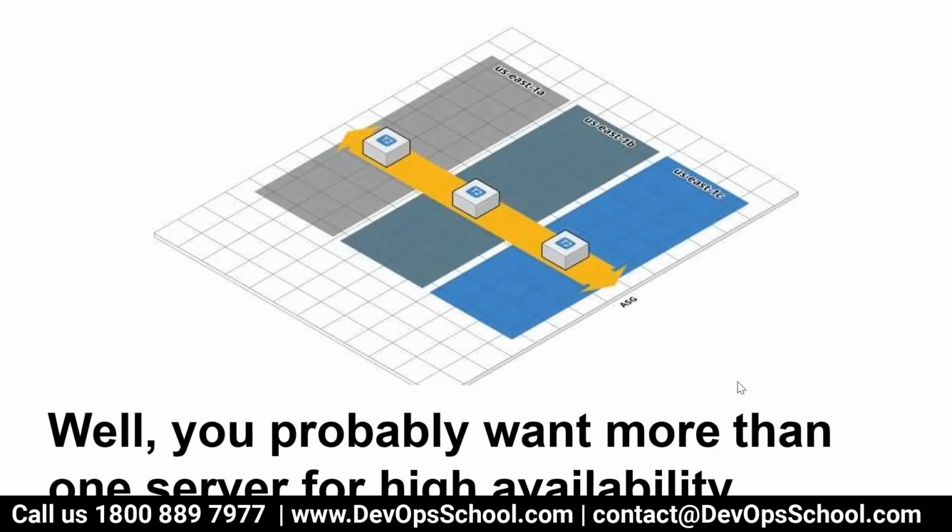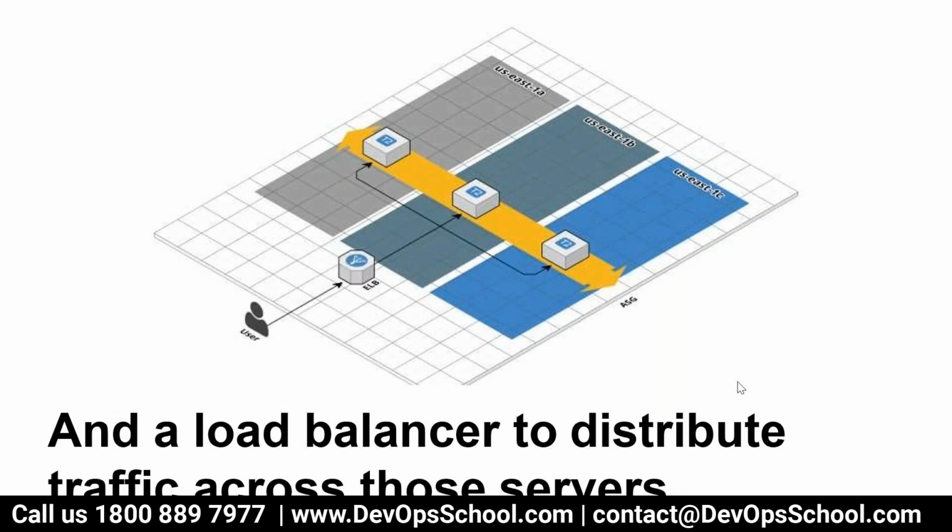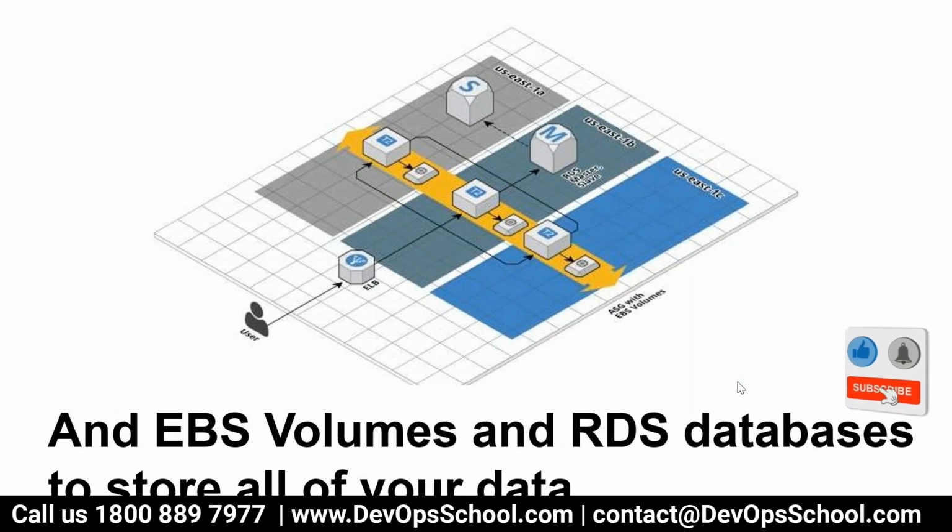Now you want to add HA, so you will create VMs across multiple availability zones, right? And then you will add a load balancer. So you created EC2 instances, not in one zone but across three availability zones, and also added an ELB, meaning load balancer. But again you need storage, so you attach EBS also, another service, then RDS, a database service.